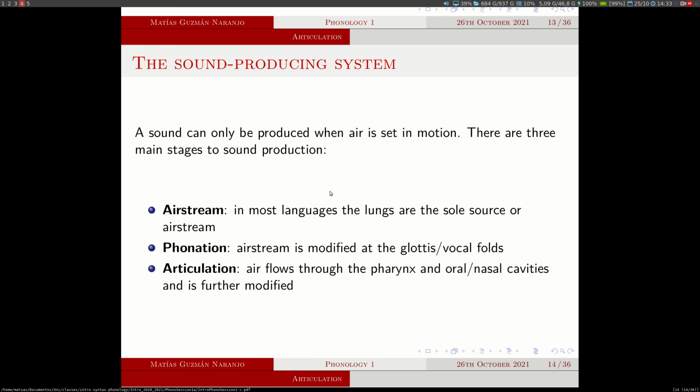Now, a sound can only be produced when an airstream is set in motion. There is no way of producing sound without air. You can try it, it doesn't work. There are three main stages to sound production. First, we generate the airstream, usually with the lungs. Then there is a phonation process, which is a modification of the airstream that happens at the glottis.